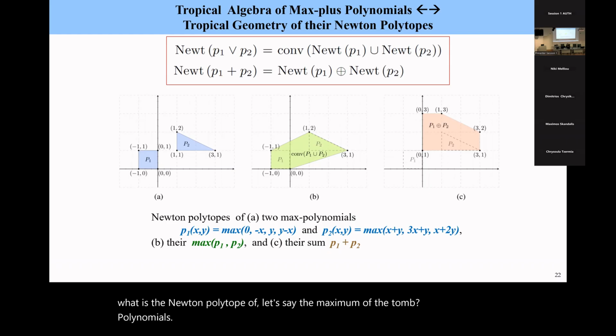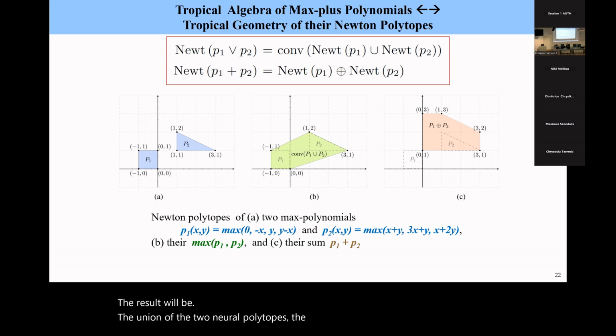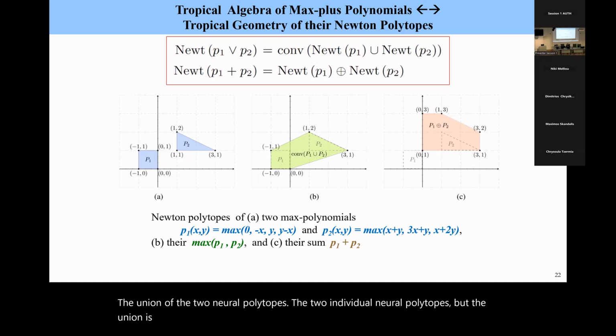Well, the result will be the union of the 2 individual Newton polytopes, but the union is not guaranteed to be convex.